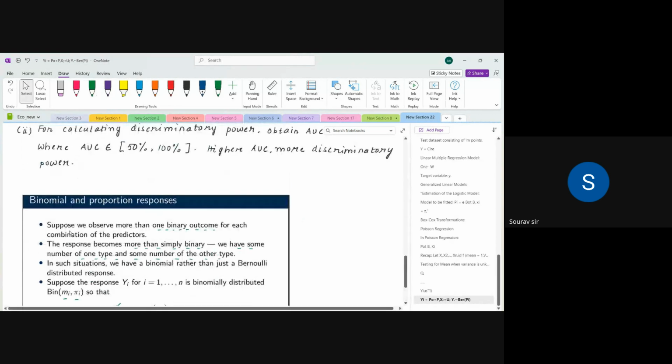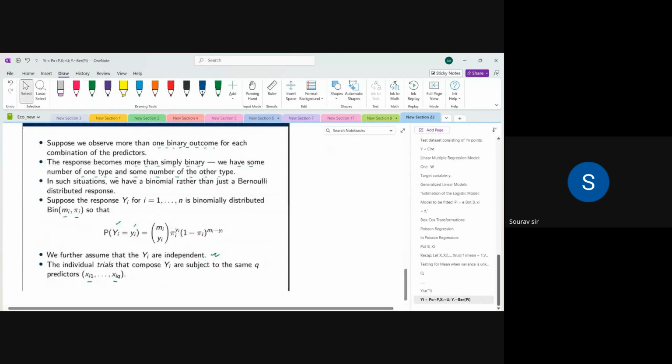Is this making sense to you, Rahil? Anything that is not understood from here? Making sense? Okay. So in this case, you can have not only 0 and 1 but multiple possible values, right? That is what we are talking about.